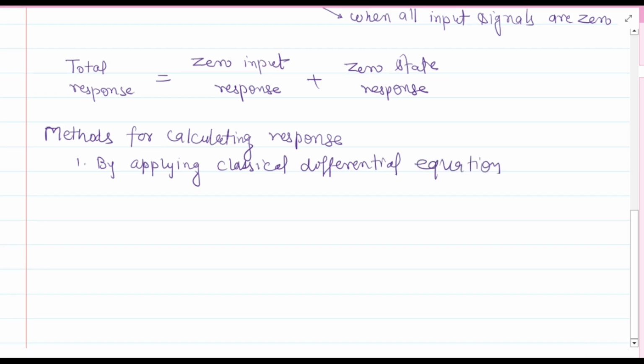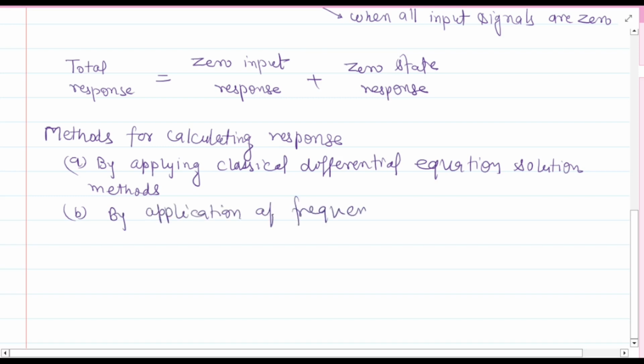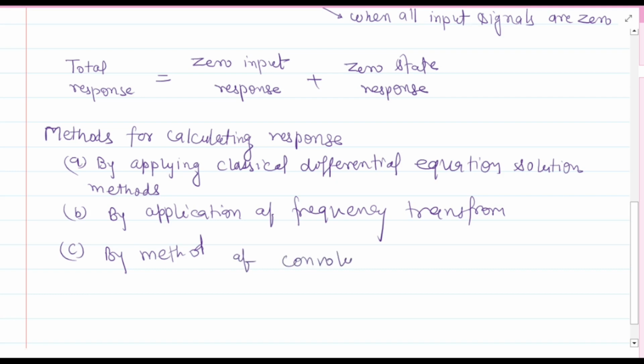You can apply those methods to find the solution of the differential equation, and that solution will represent the response of the system. The second method is by application of a frequency transform like the Fourier transform or Laplace transform to the system and then finding the solution. The third method is the method of convolution integral. By these three methods you can find the response of the system.